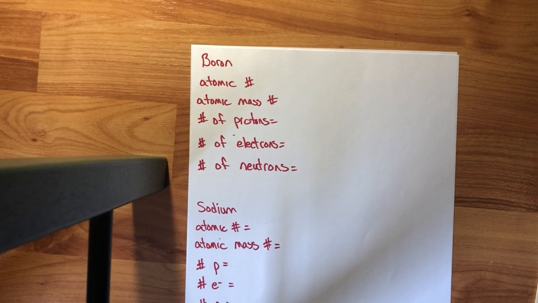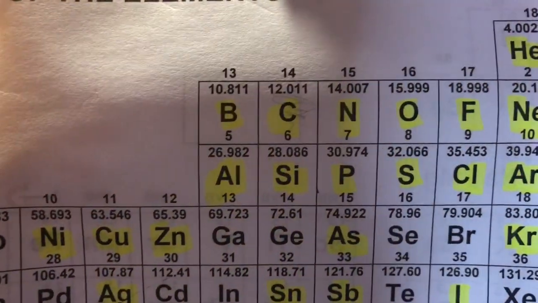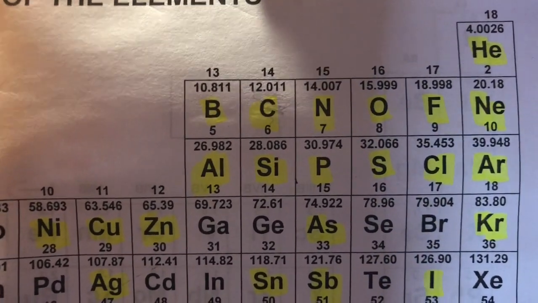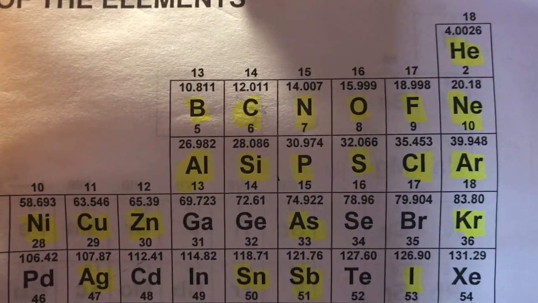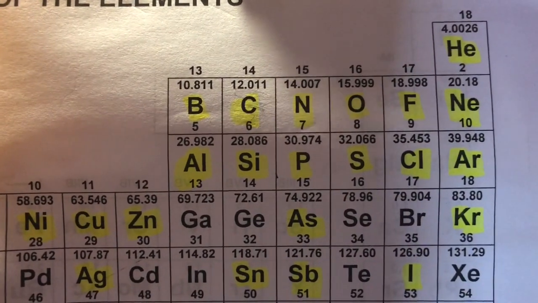So the first example we have is boron. So our first job is to look up on a periodic table, and we can see boron is B. The top number, 10.811, is the atomic mass number, and 5, the bottom number in this case, is the atomic number.